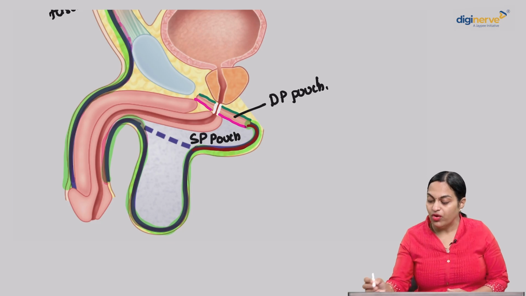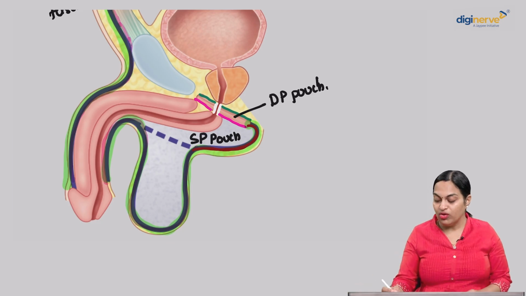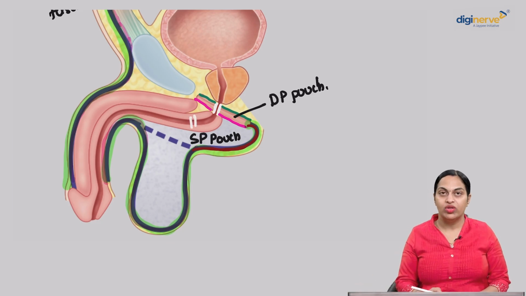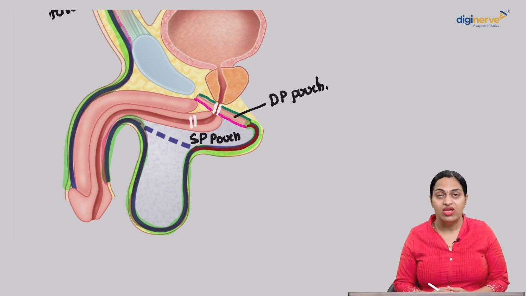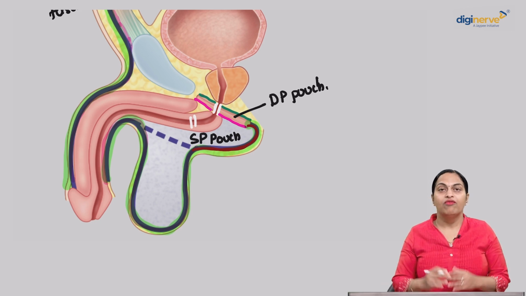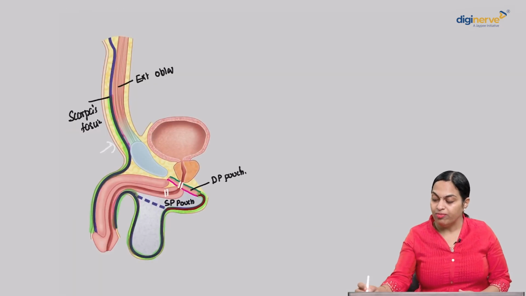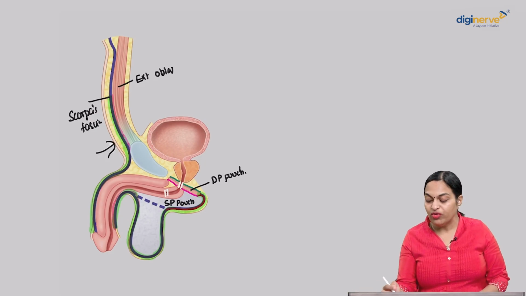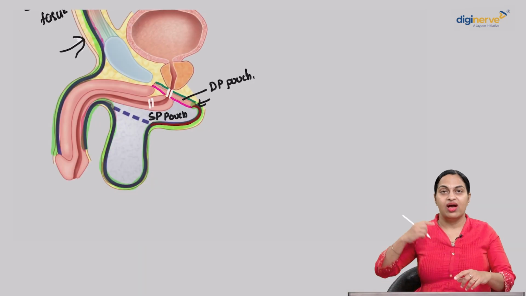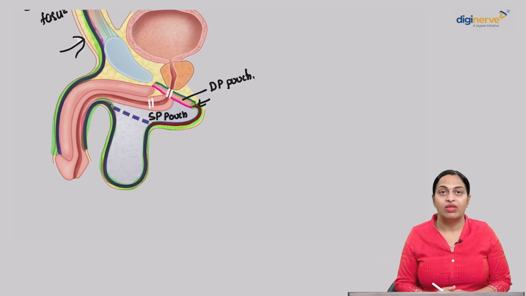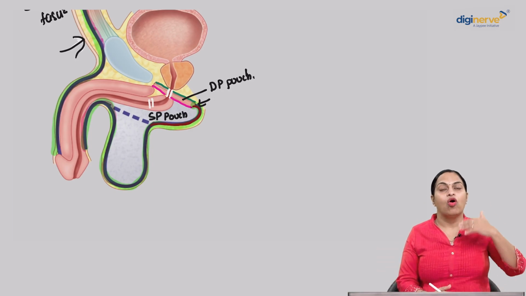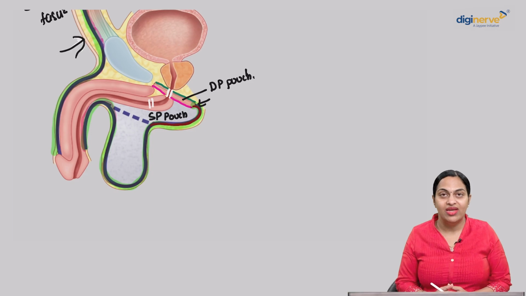So if there's going to be a rupture of the bulbar urethra, the urine can extravasate into the superficial perineal pouch. From there, it can move on around the scrotum, around the penis, into the lower part of the anterior abdominal wall. But because of the fusion of the Colles fascia to the posterior aspect of the perineal membrane, it cannot move on to the deep perineal pouch.